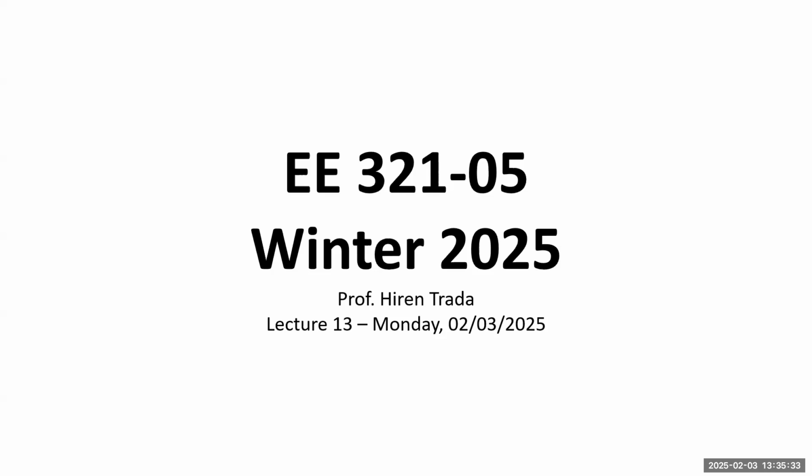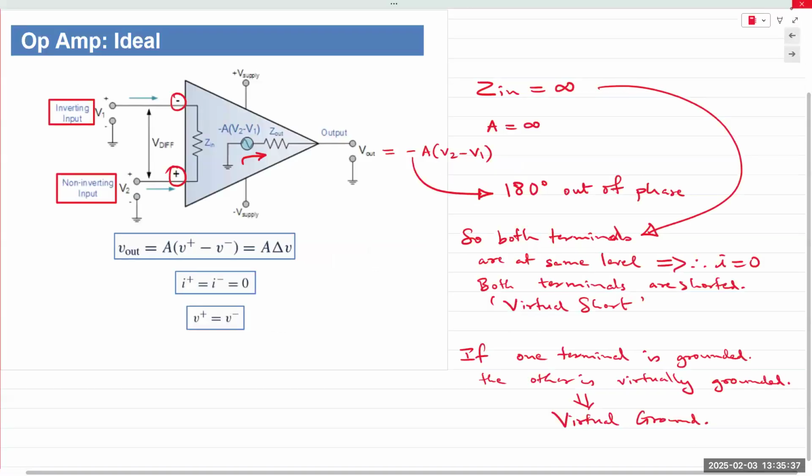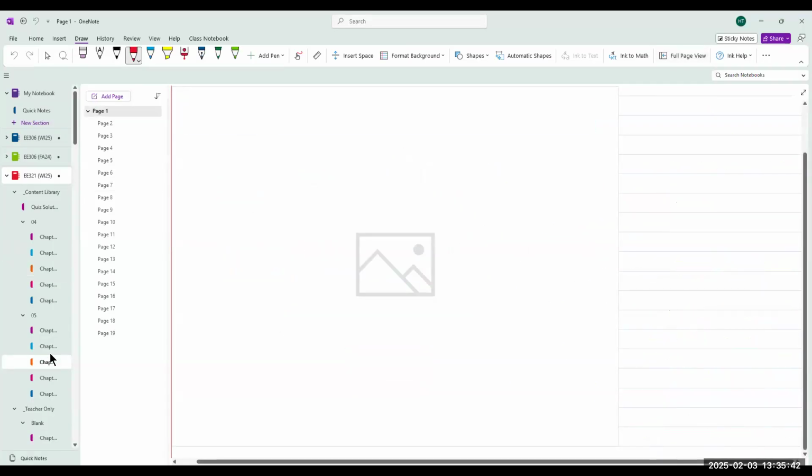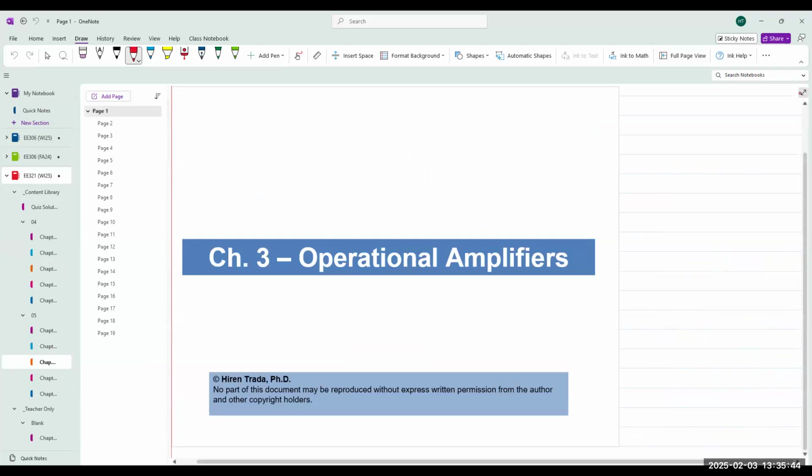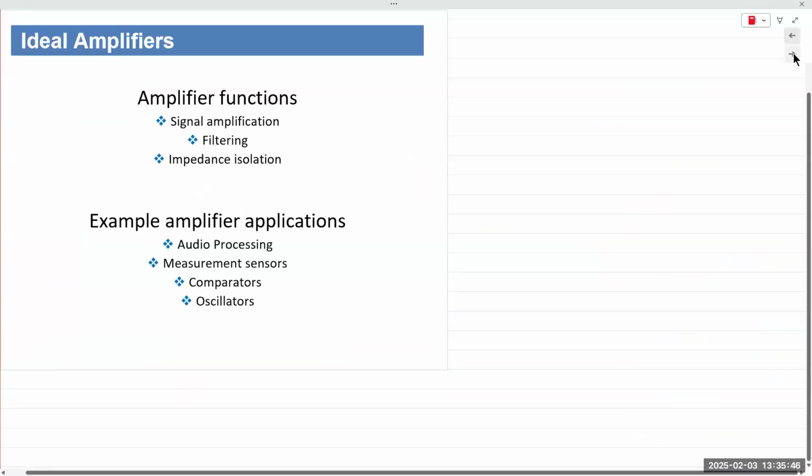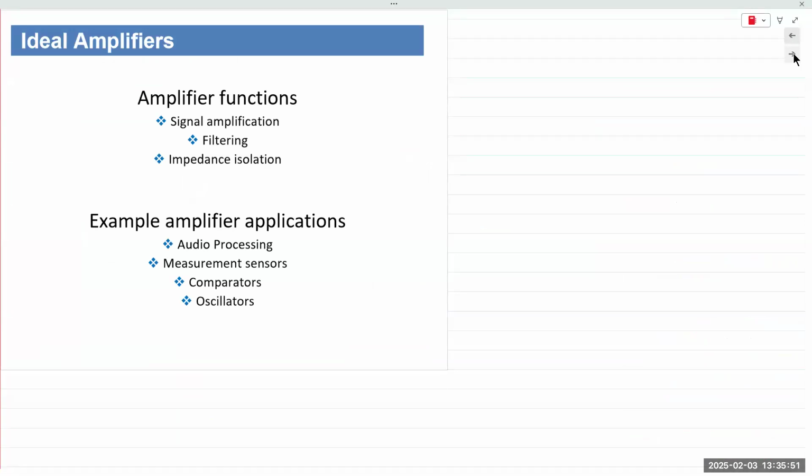So today we'll begin chapter 3, OpAmps. Operational amplifiers, or OpAmps for short, are created from something known as differential amplifiers using BJTs. Okay, so for a transistor, we saw how we can create an amplifier by adding a few more components around it.